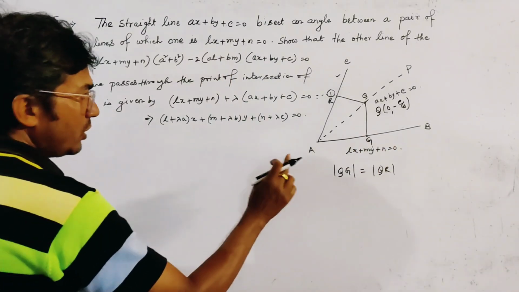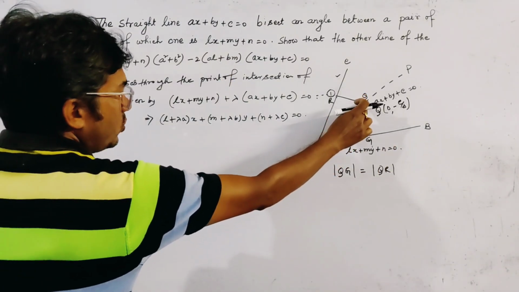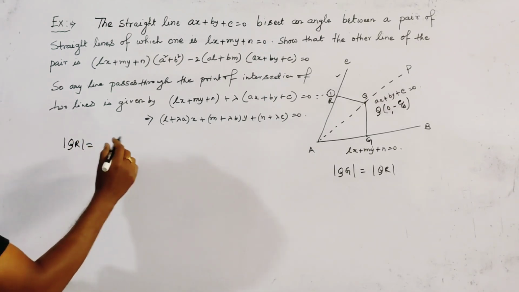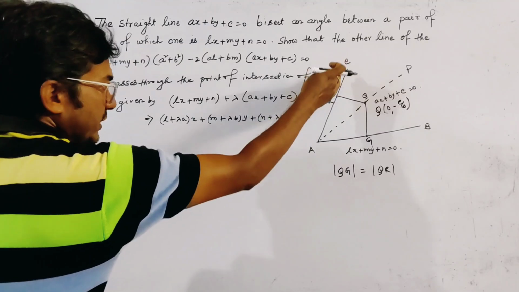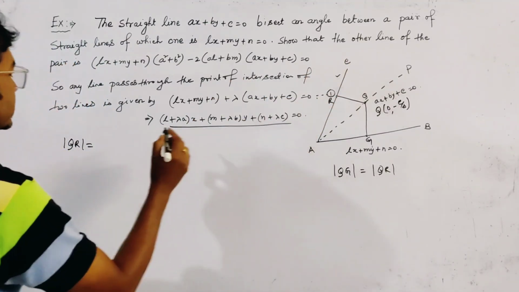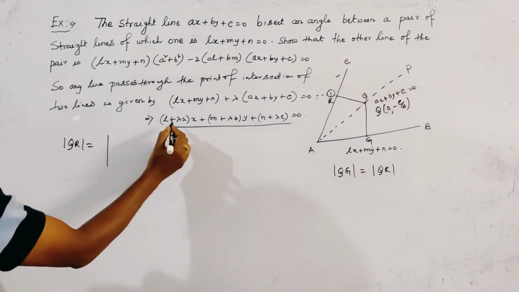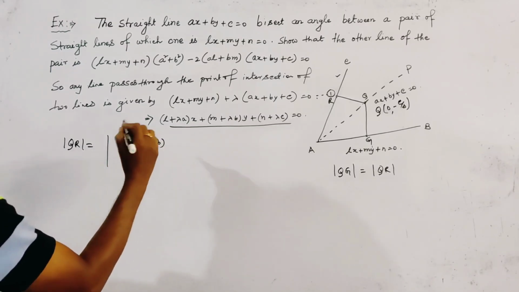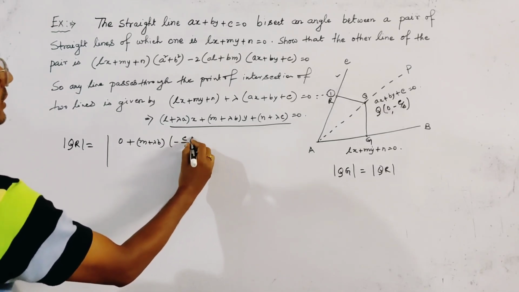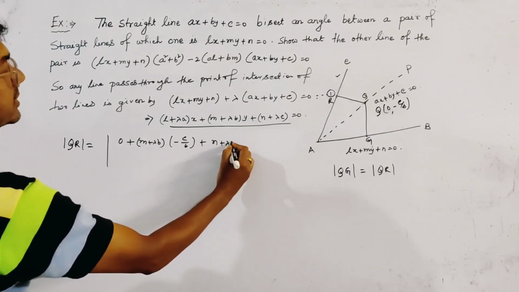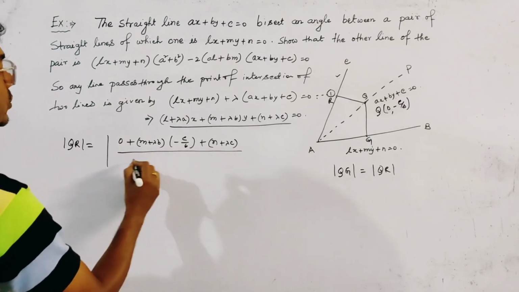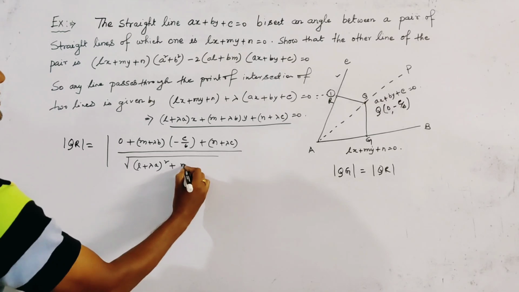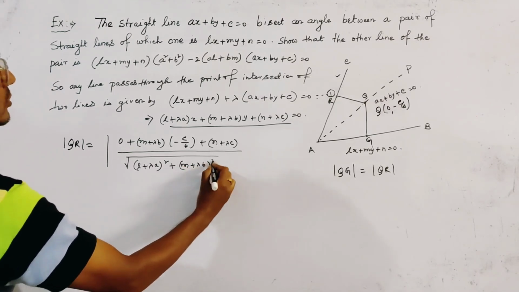The perpendicular distance QR is given by the perpendicular distance from Q to the line AC, which is mod of 0 into this, so this is 0, plus m plus lambda b into y, meaning minus c by b, plus n plus lambda c, by root under L plus lambda a whole square plus m plus lambda b whole square.